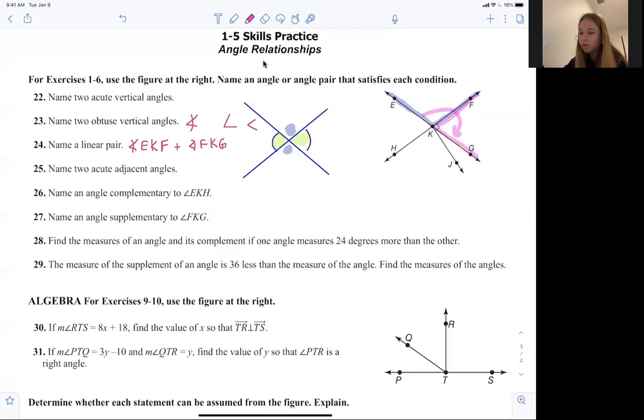So a linear pair is two angles that add up to 180 degrees, and they share a common ray. That's kind of like the formal definition. Now, you could also say EKF and what else? HKE would be the other one, right?